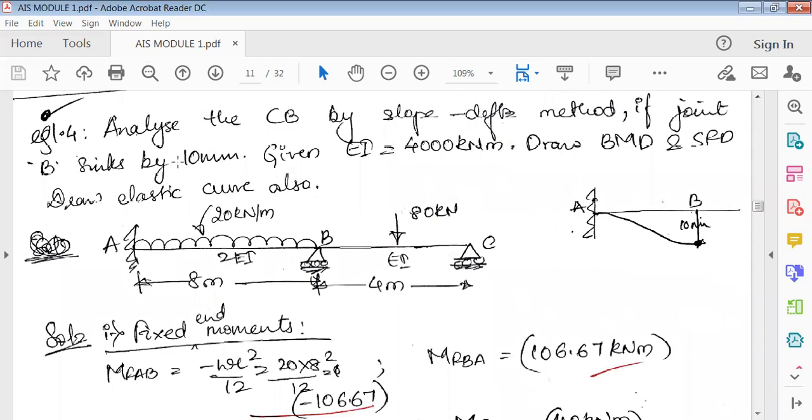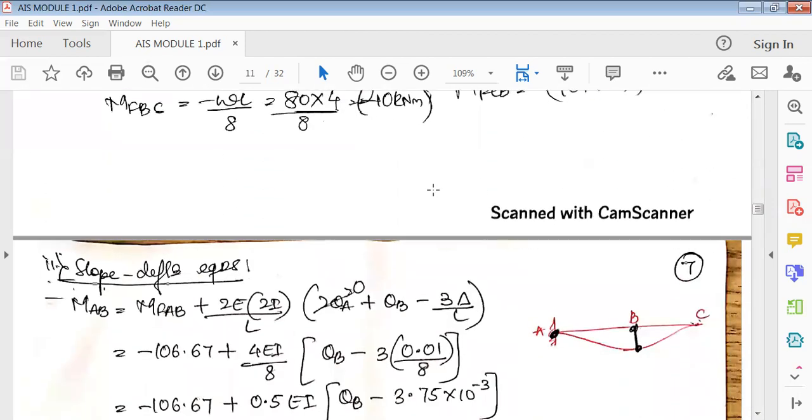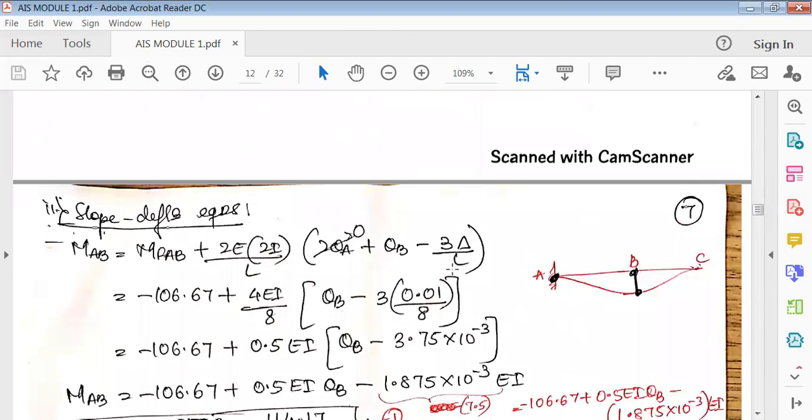Now see here, this mm we are converting into meter, because all the values here, this distance is in meter and this is also in meter. So we will convert this. So now this will be 10 divided by 1000, so it is 0.01. So 0.01 is nothing but the sinking of the support, expressed in meter. So it is 3 into 0.01.